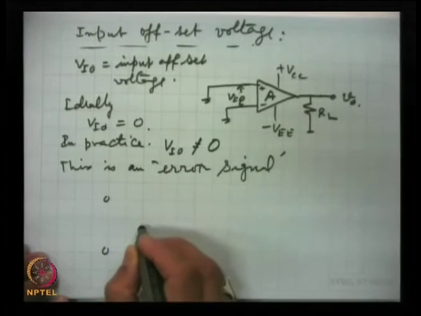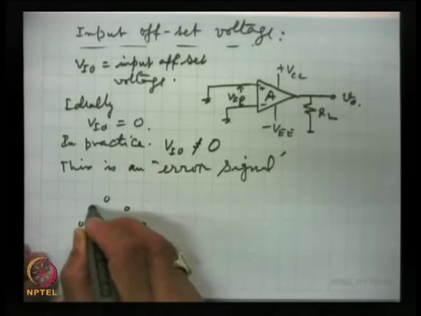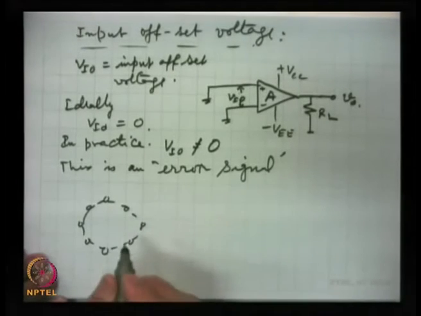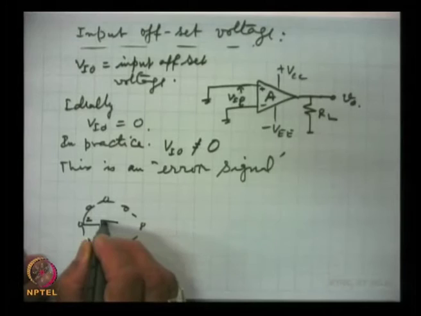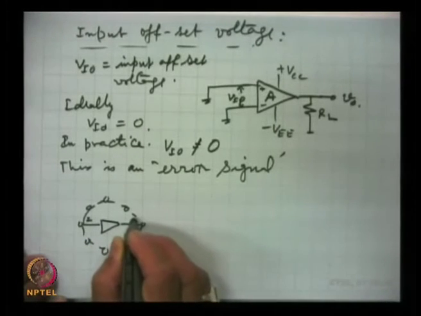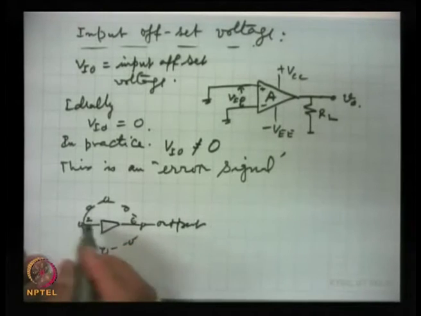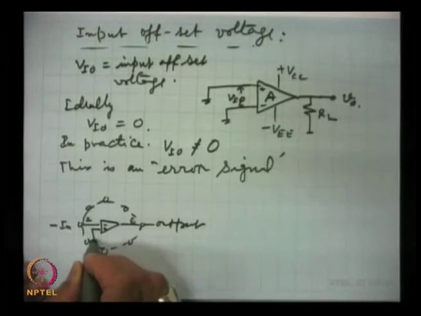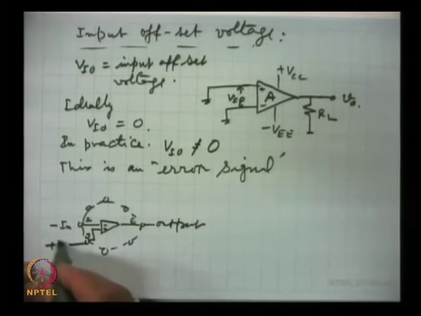I remind you about the pin diagram of the op amp, where this is pin number 6, this is output, pin number 2 is inverting input, minus in, and pin number 3 is the non-inverting.